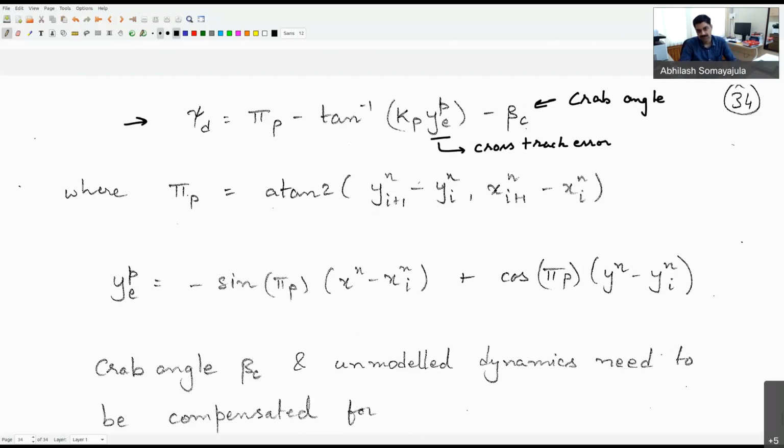Now ideally what we want to do is, we probably will not be able to compensate for the crab angle. So we can think of it as an unmodeled dynamics, and we can simply put an integrator, and we have seen that aspect when we did the integral line of sight algorithm, where it can be made stable enough.